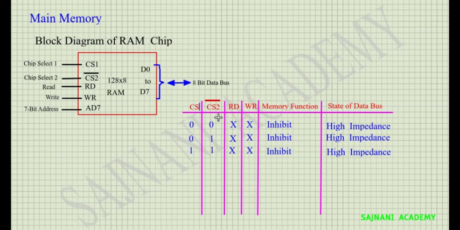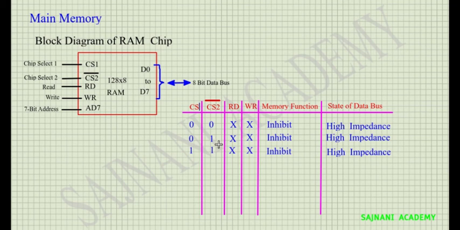Similarly, if CS1 is 0 and CS2 is 1, in that case also, whatever the value of read and write signals, that is don't care again, the memory will go into inhibit state, that is into high impedance state, where the RAM IC will not function.